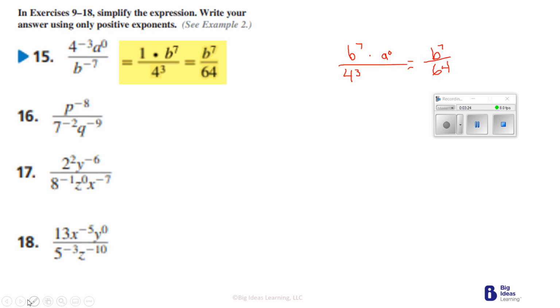Number 17, let's see, 16 was yours to do. 17, again, I've got to shift some of these negatives around. The 2 to the 2nd power is going to stay on the top. That y to the negative 6 power is going to go on the bottom, because it's going to become a positive 6. It's already known that it's positive, so I'm going to erase that.